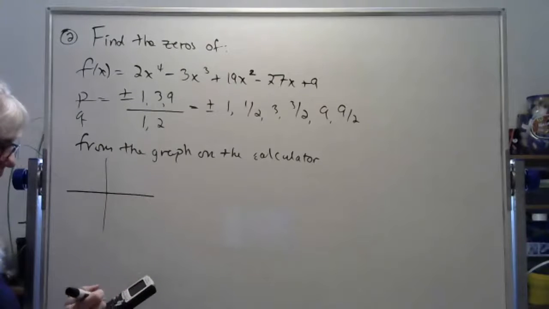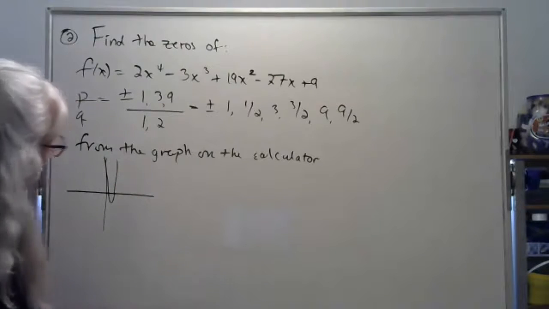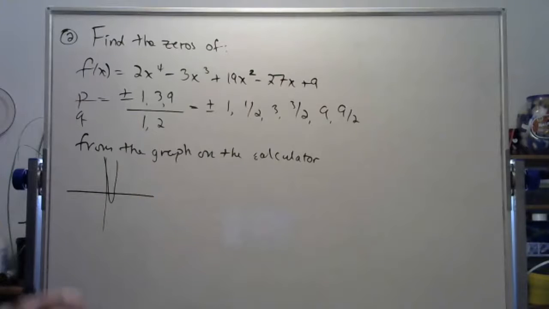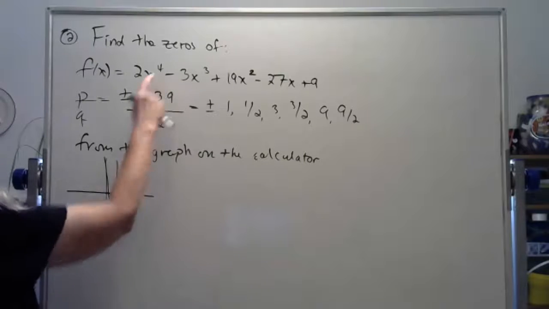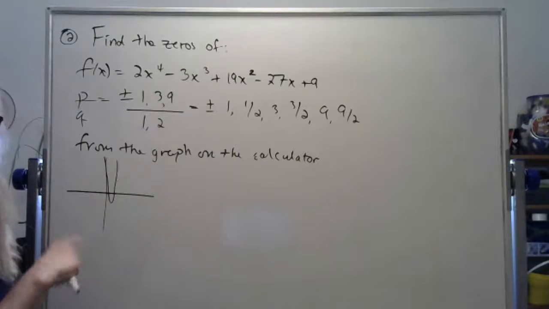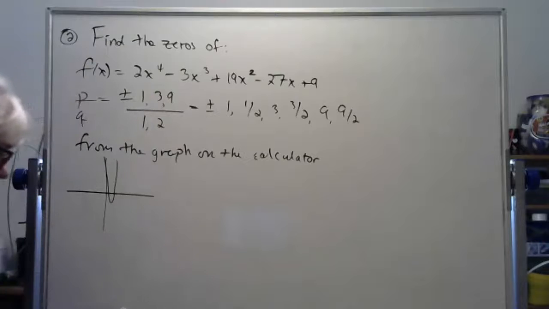The graph looks something like that. So it's very narrow and very thin. It's only crossing in 2 places, so that tells me that 2 of the 4 zeros are rational numbers, and the other 2 will be complex. So I know at the end I'm going to end up with complex because of that picture.